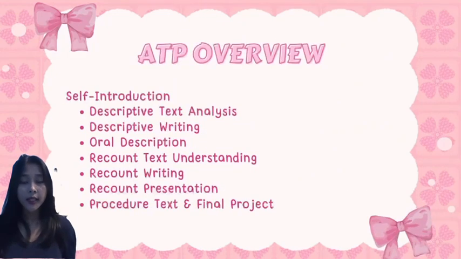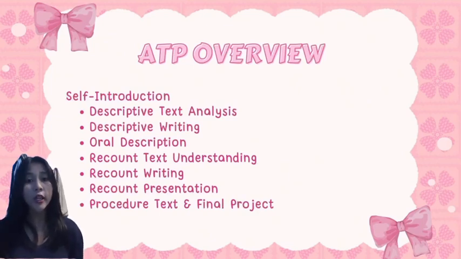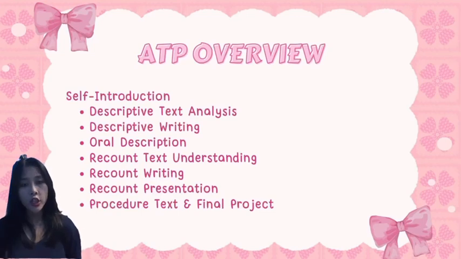And the next slide is ATP overview. ATP or learning objective sequences organize learning objective into a logical learning path. Students begin with self-introduction, activities, and simple communication. Next, they learn descriptive text by analyzing examples and producing their own description.